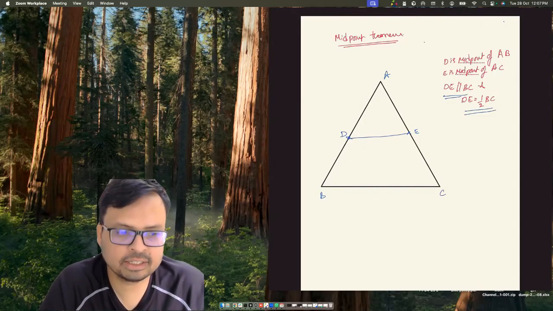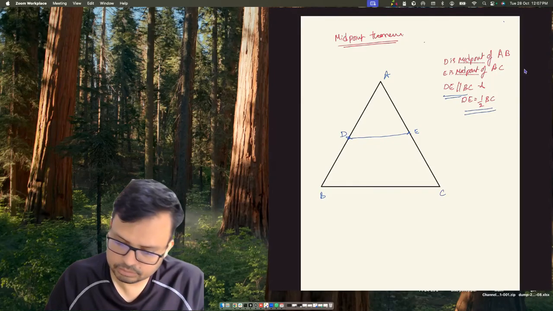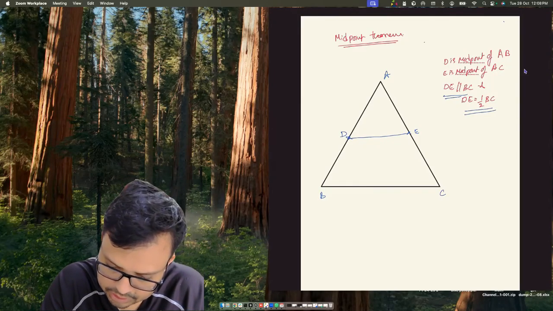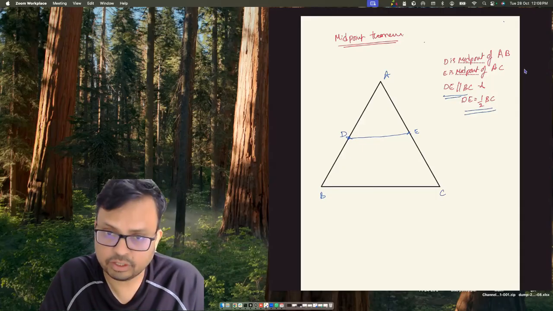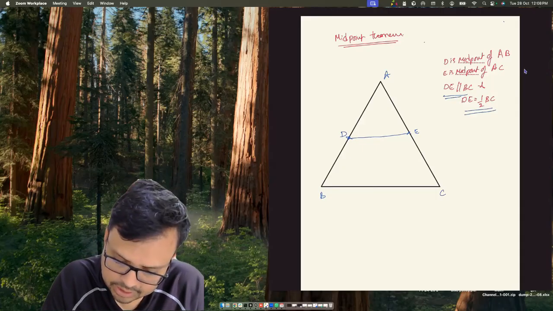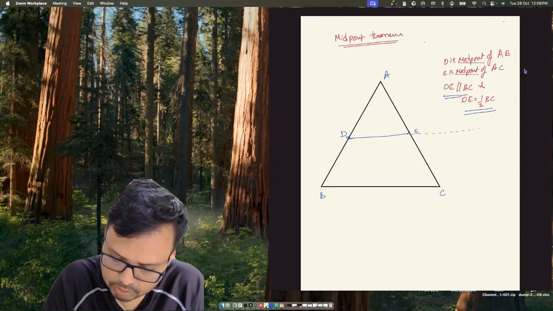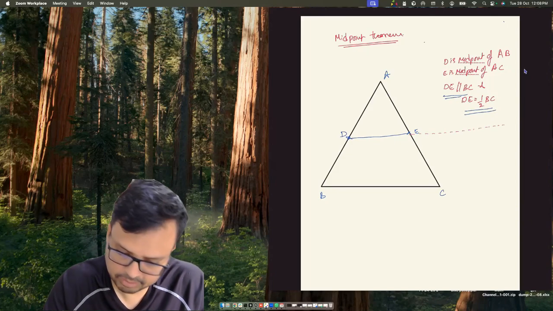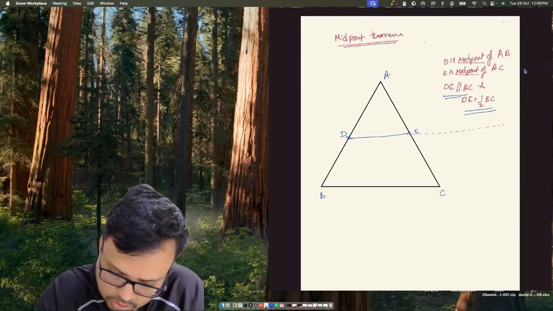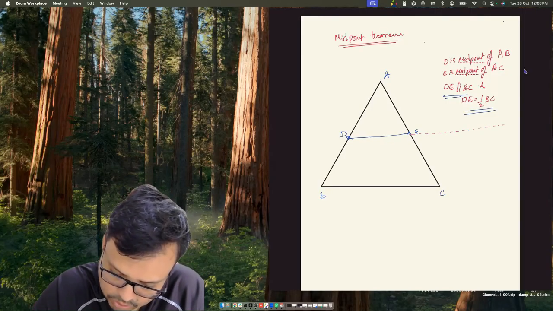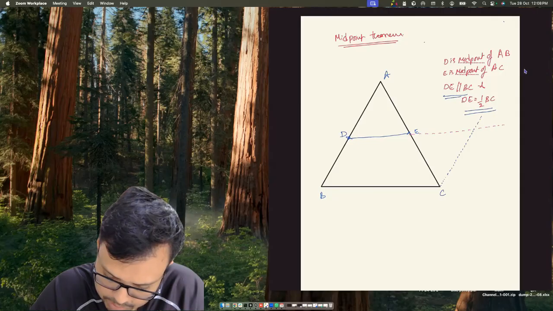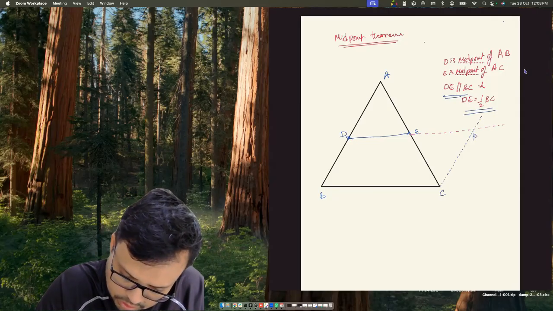How are we going to do that? Let me explain. Let me select a different color here so that it's very clear to you. We're going to extend DE to some distance, and we're also going to draw a line through C which is parallel to AB.